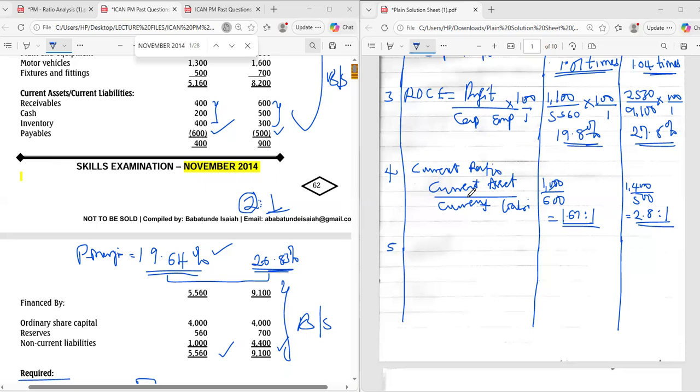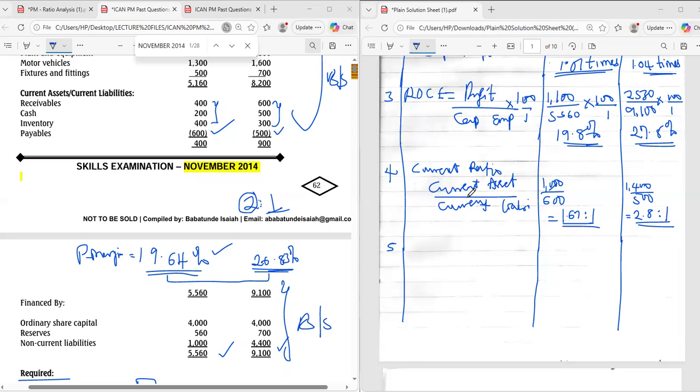Purity is able to settle its short-term obligation by 1.67 times. That is, it can pay its current liabilities 1.67 times. Benchmark can also pay its short-term obligation by 2.8 times.